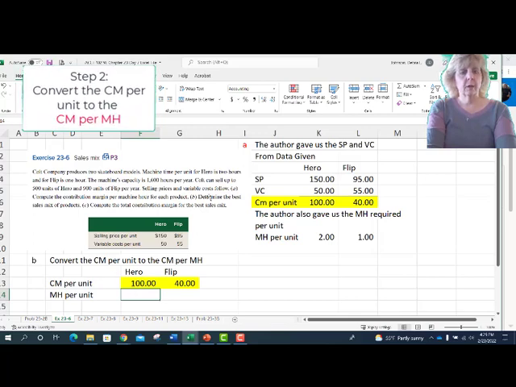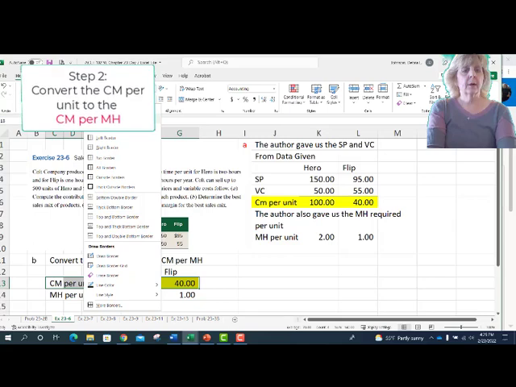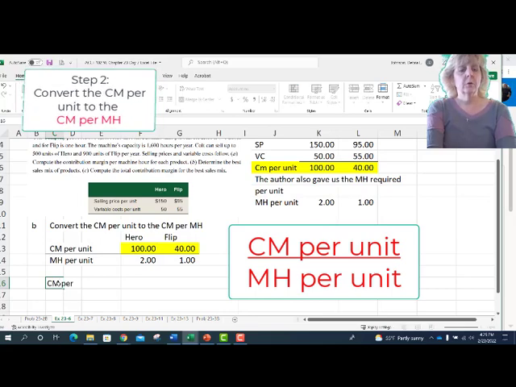I'm searching for it right here. It's 2 hours for Hero and it's 1 hour for Flip. So when we take the contribution margin per unit and we divide it by the machine hours per unit, we'll end up with the contribution margin per machine hour.